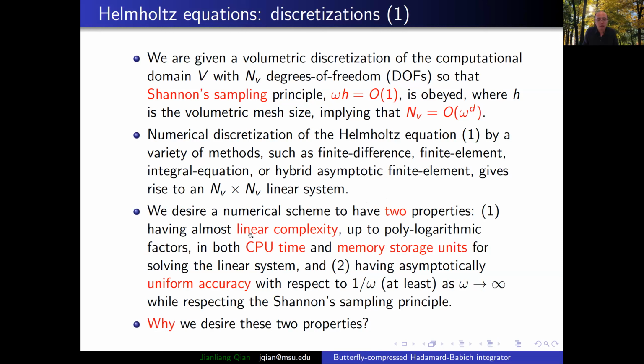First, almost linear complexity, up to polylogarithmic factors, in both CPU time and memory storage for solving the linear system. Second, asymptotic uniform accuracy with respect to omega, at least as omega goes to infinity. At the same time, Shannon's sampling principle should hold.